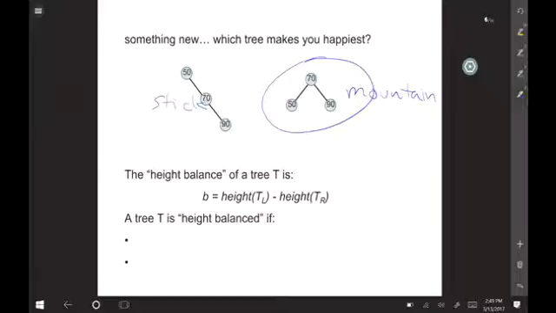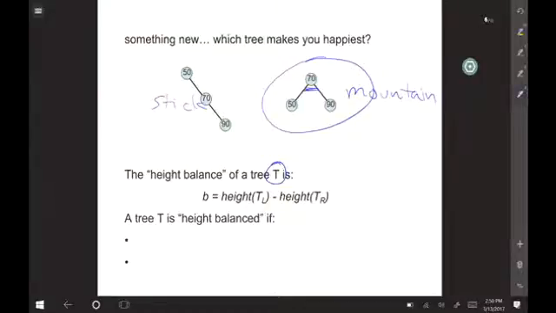All right. And no, I got to give you the definition. So first of all, I'm going to give a height balance to a tree by taking the difference of its left and right subtrees, okay? So the difference in the heights of this mountain, of its left and right subtree, what's the difference in their heights? 0, right? They are the same height.